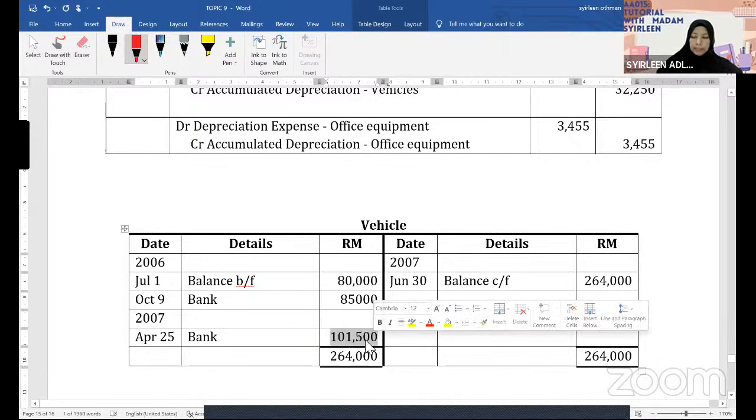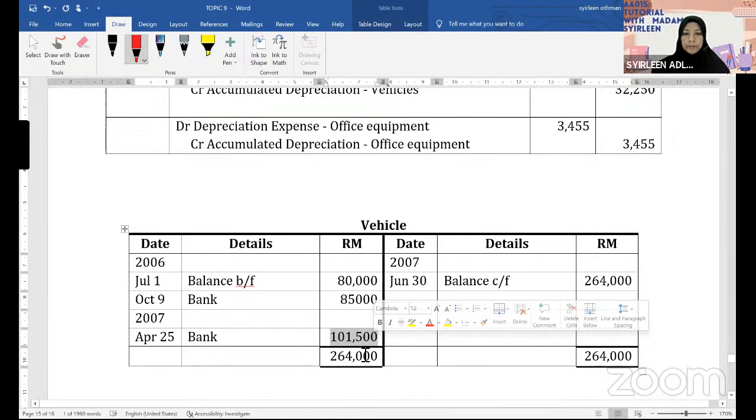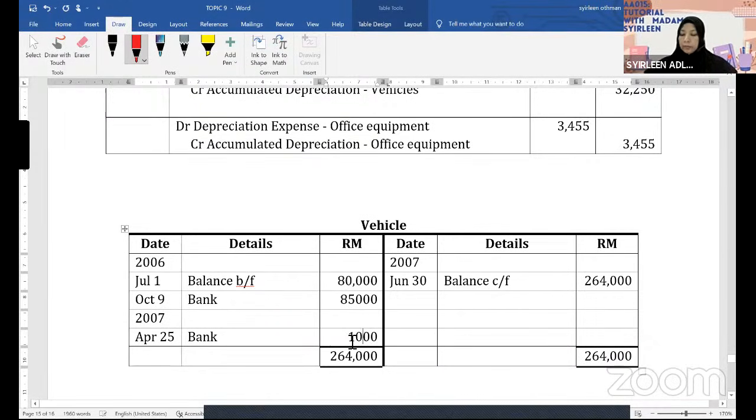Yang ini nilai dia ialah this is 105. Sorry, I forgot to edit this. Okay, this is 105.